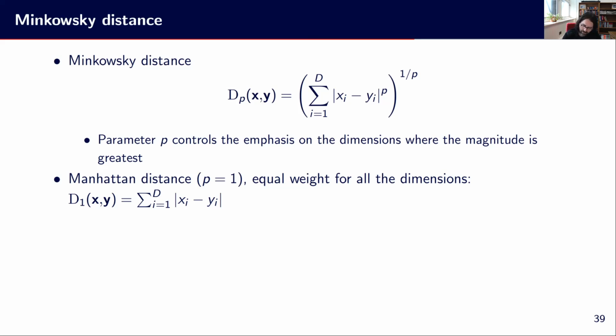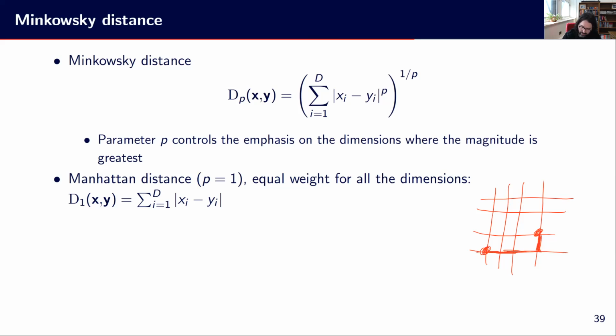For example, we have avenues like that and streets like that. If we want to go from that place to that place, a direct connection like this, which corresponds to the Euclidean distance, is not possible because we are not able to get through buildings. So we need to take this path and then take that path.